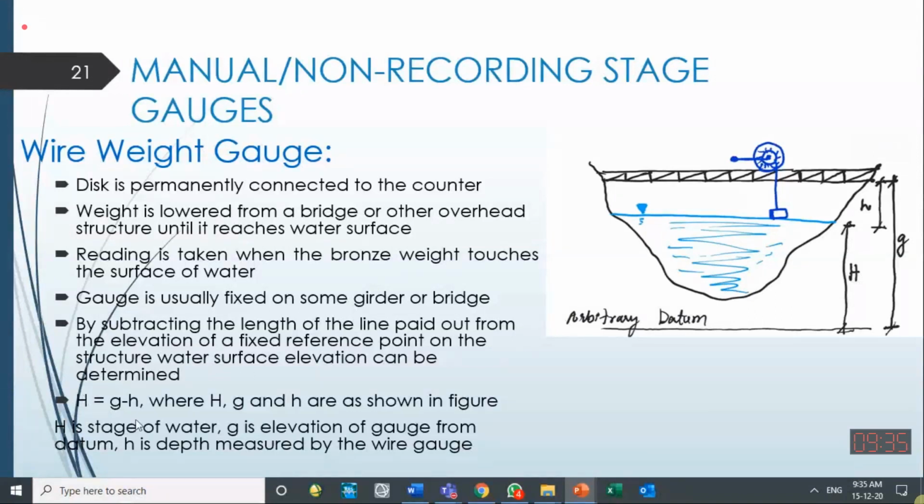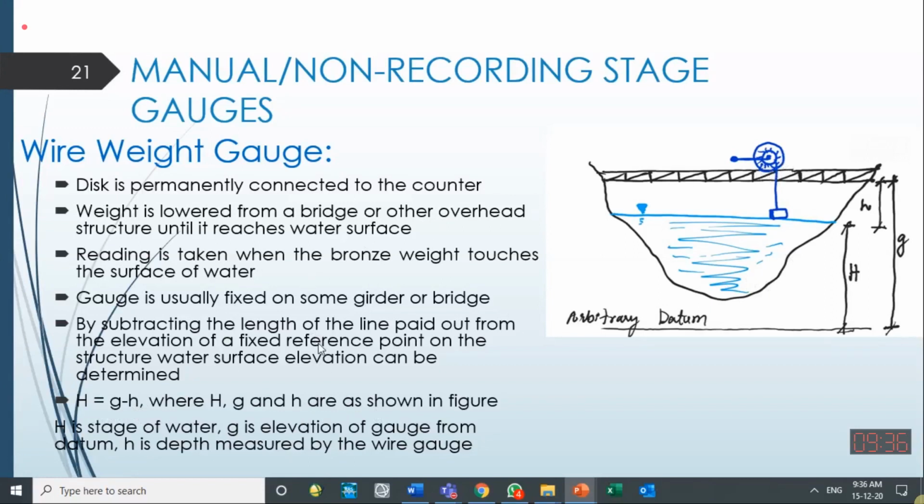So capital H will be the level of this instrument minus the depth of the water from the wire, from the bridge itself. So that is small h. So capital H can be estimated. Stage can be estimated knowing the depth of water from this instrument.